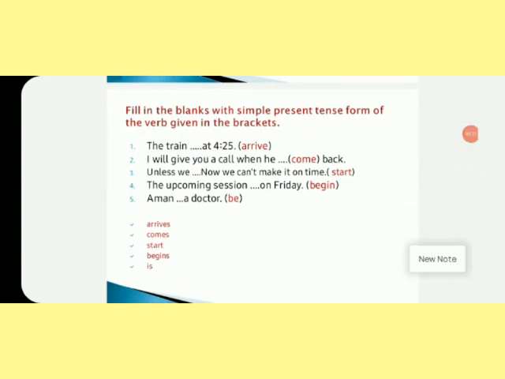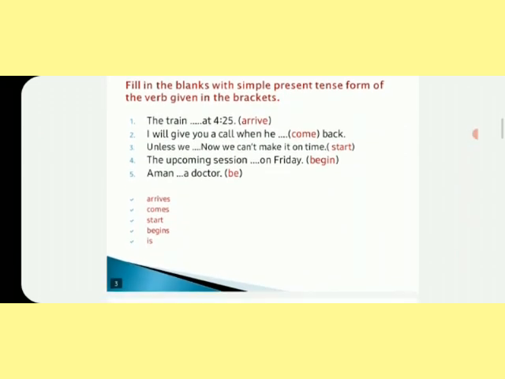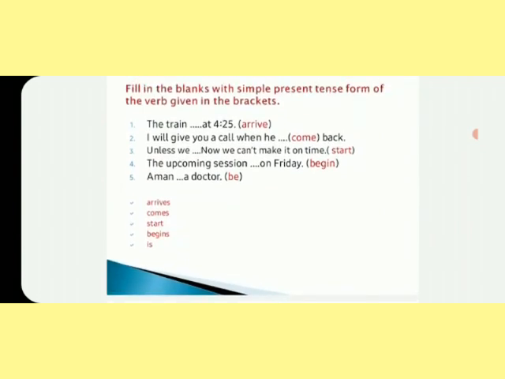Fill in the blanks with the simple present tense of the form given in the brackets. Number 1, the train arrived at 4:25. Since the verb arrive is in its base form, I use it with the train, a singular subject, for the simple present tense.